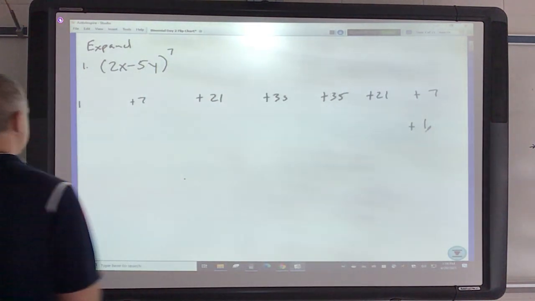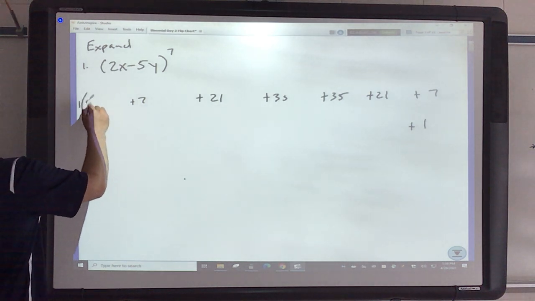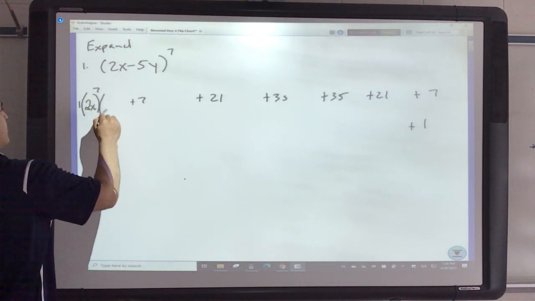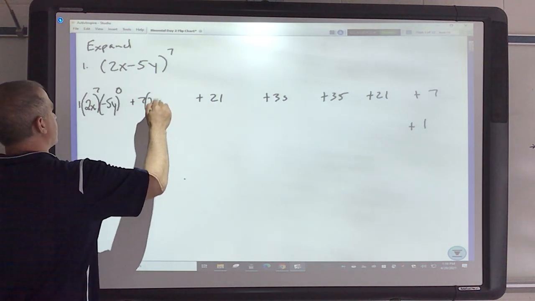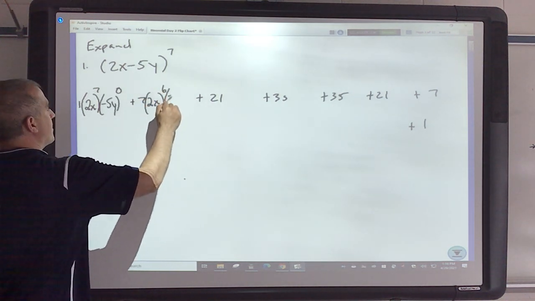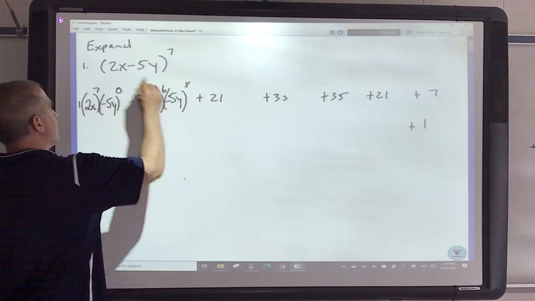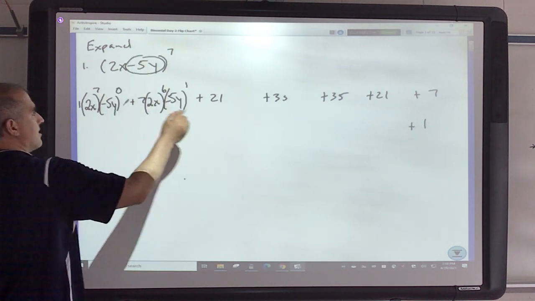Now, I would start with (2x) to the 7th, (negative 5y) to the 0, (2x) to the 6th, (negative 5y) to the 1st. I have to make sure that I treat that with the negative in there.